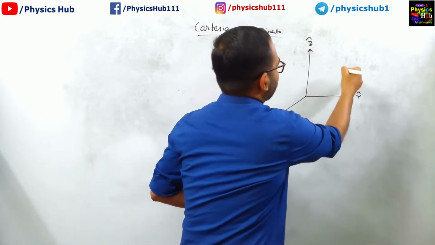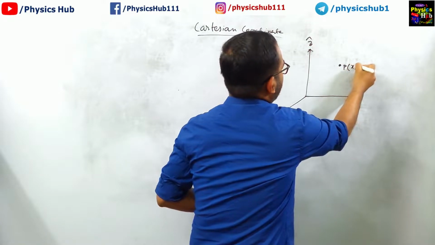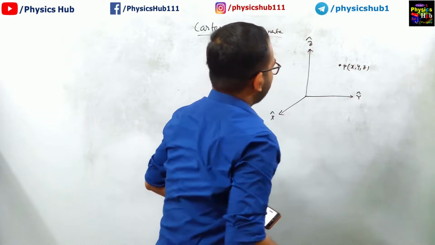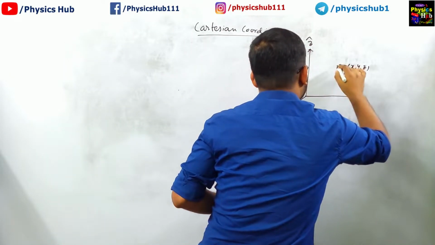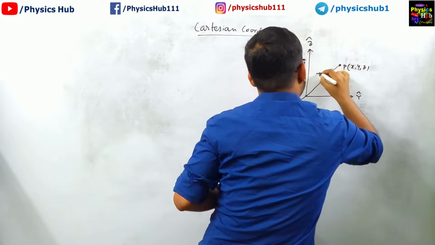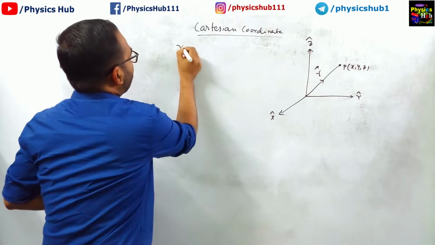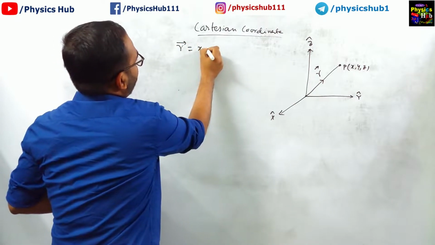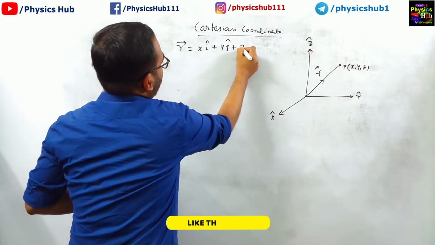Now any point in the Cartesian coordinates is represented by, let's say, P, whose coordinates are x, y, z. So we can write the position vector r as x i cap plus y j cap plus z k cap.